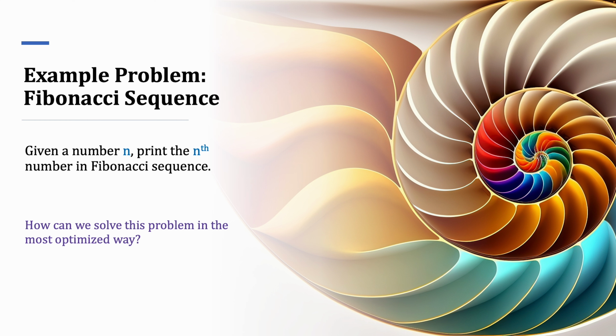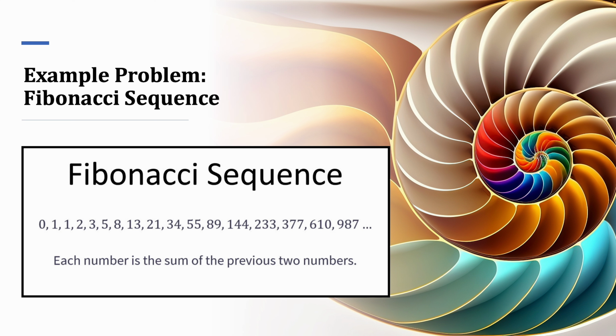So this is actually how the sequence looks. And I'm not going to get into the math or actually geometry behind this. But what you need to know here is that the sequence starts with a 0 and 1. And then afterward, each number is the sum of the previous two numbers.